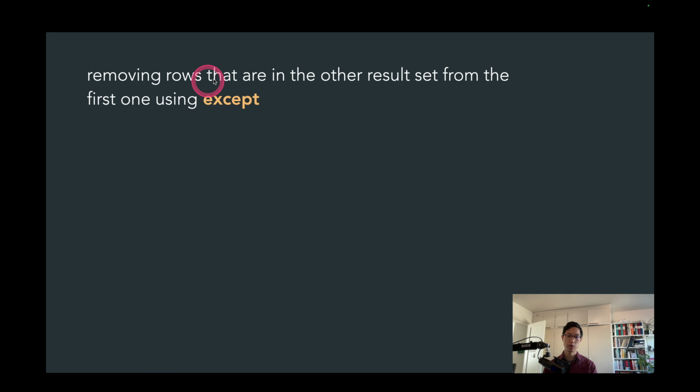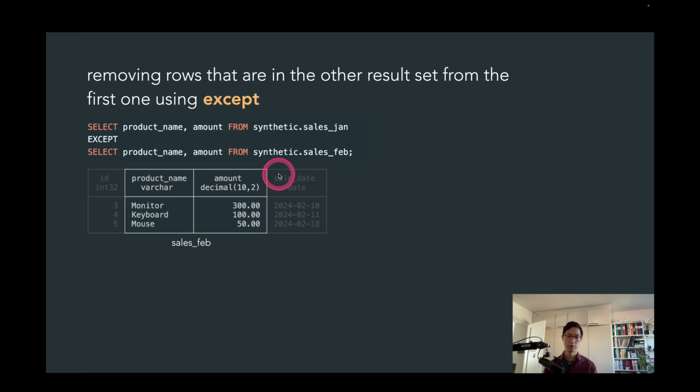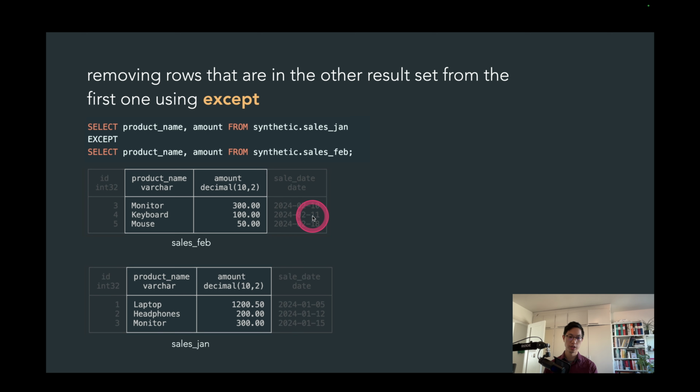So we can remove rows that are in the other result set from the first one using except, right? And here we select product name and amount as before from both of them. So we get these two, and remember monitor is the same in both. So what we expect is that when we're doing except, the monitor will disappear from the result.